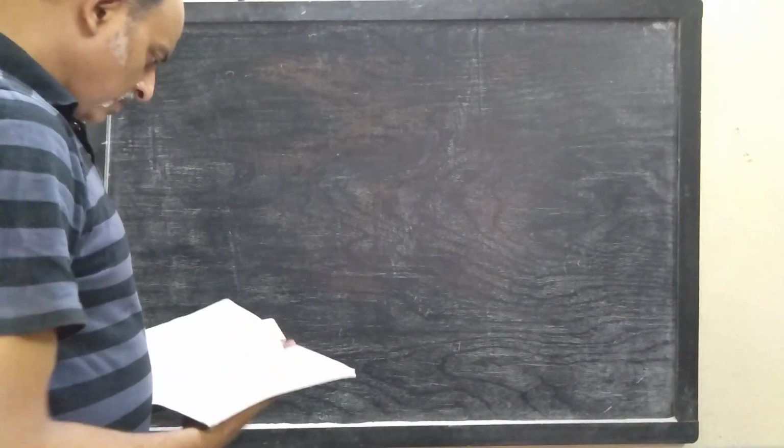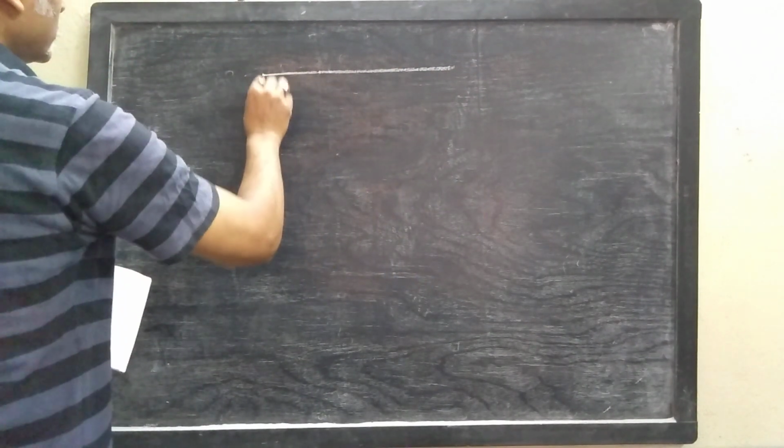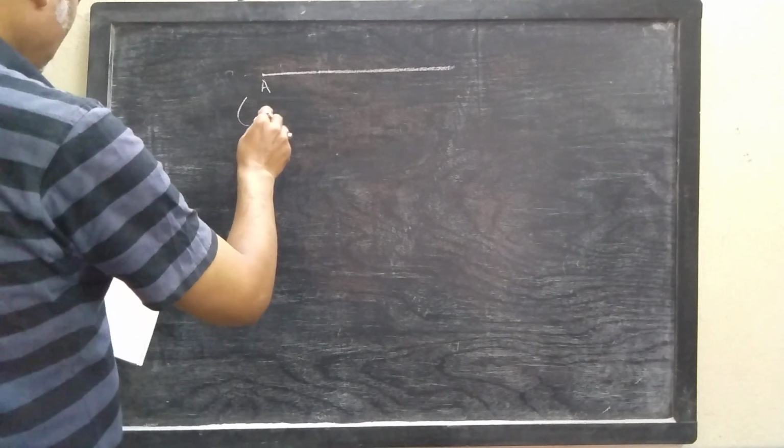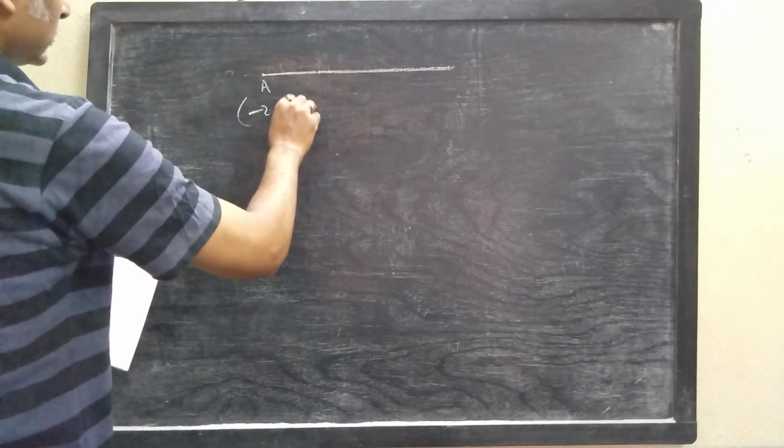Now, in what ratio does the point 1, minus 7 by 3 divide the line segment joining these points? You are given 3 points. First one is A, say minus 2, minus 4.